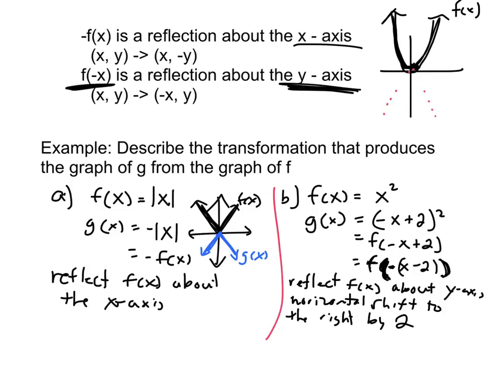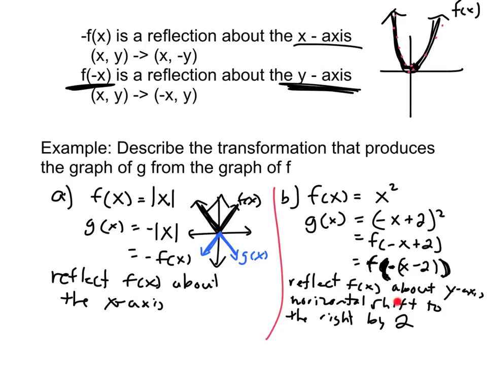Oh, well, I drew that wrong, because about the y-axis would be flipping it this way, right? This is the y-axis. So if I were to flip it about the y-axis, I'd be flipping it this way. And the parabola is symmetric, so if I flip it, it just lines up right on itself again. So it's okay.